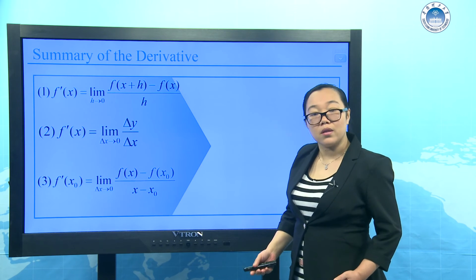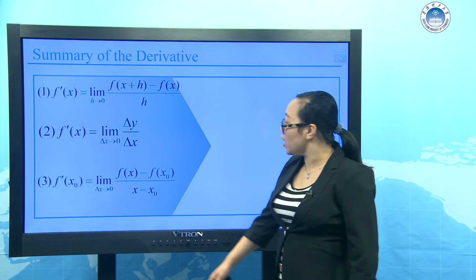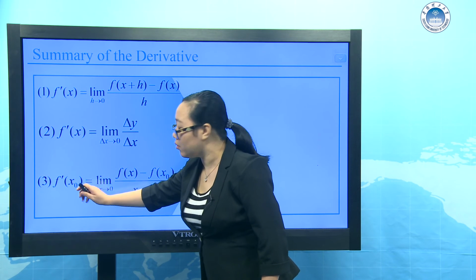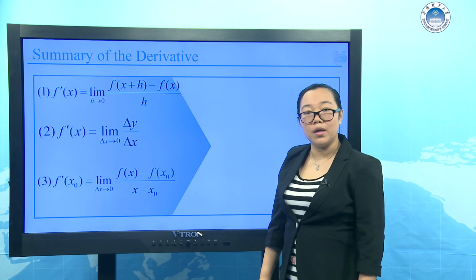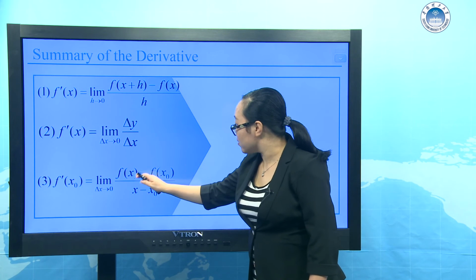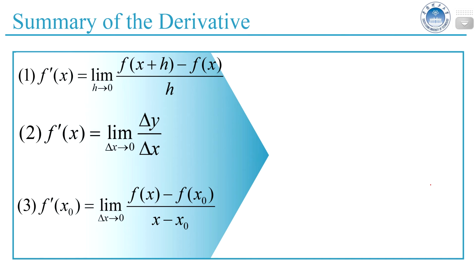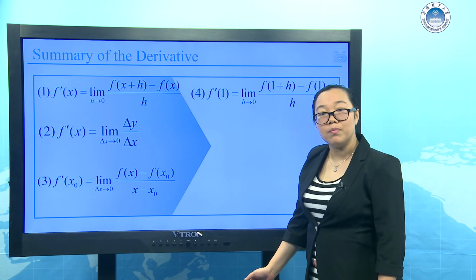This means the derivative at some given point x0. f prime x0 equals the limit of f(x) minus f(x0) over x minus x0, under the condition delta x tends to 0. This term is our delta y. This term is our delta x. Try to understand, okay?